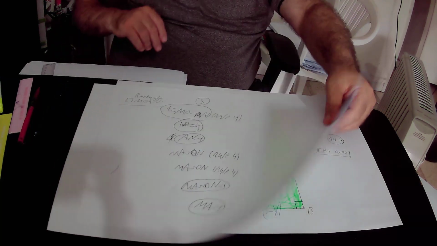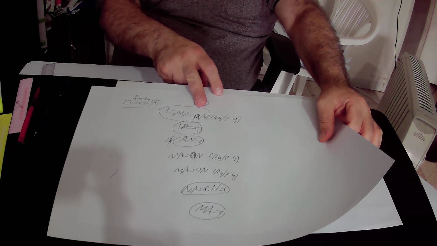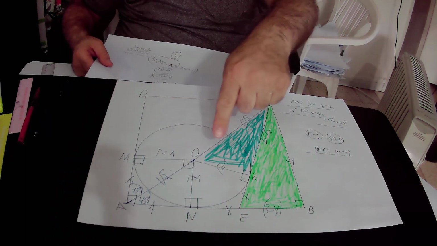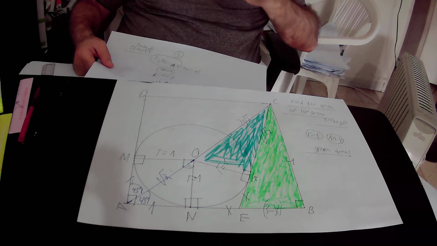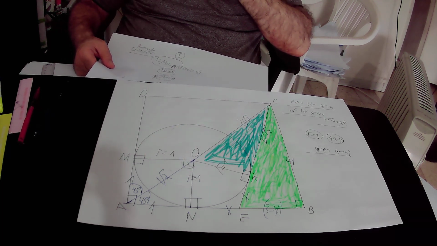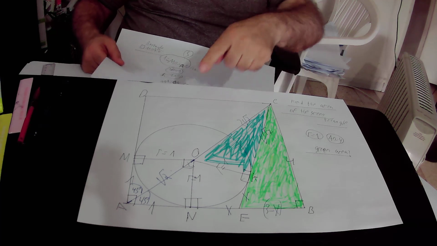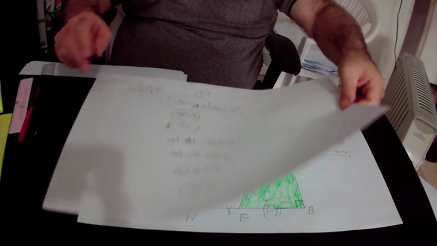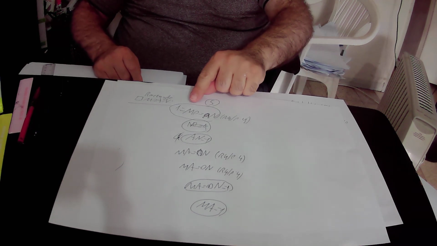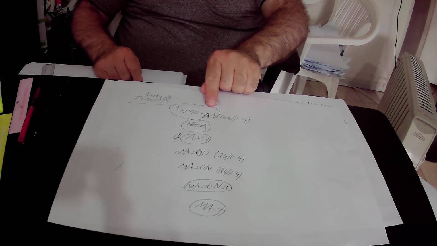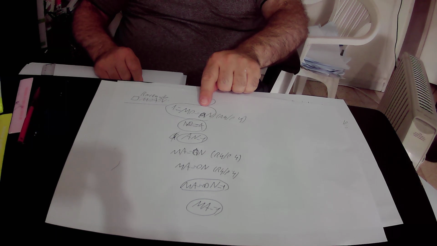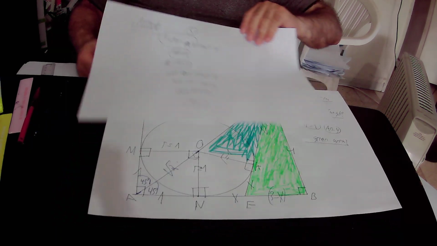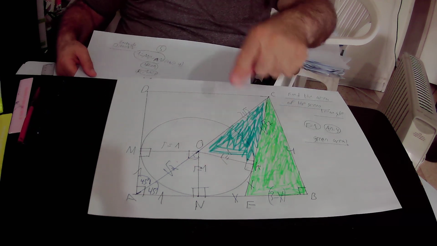It means that MO equals AN according to rule number 4. But we already know that MO equals 1 unit. It is given in the question. We know that OM equals 1 unit, so from this equality we conclude that AN also equals 1 unit.